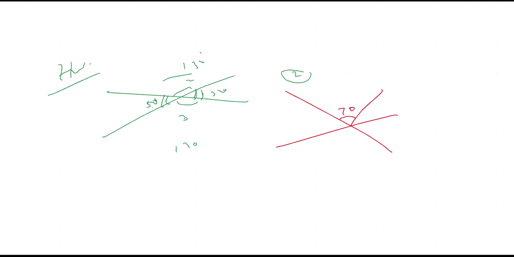Here angle 1, this is angle 2, and this angle is given. Here angle 3 is there. Understand? This is angle 3. One more angle is there. Now suppose this angle is given 110 degree.